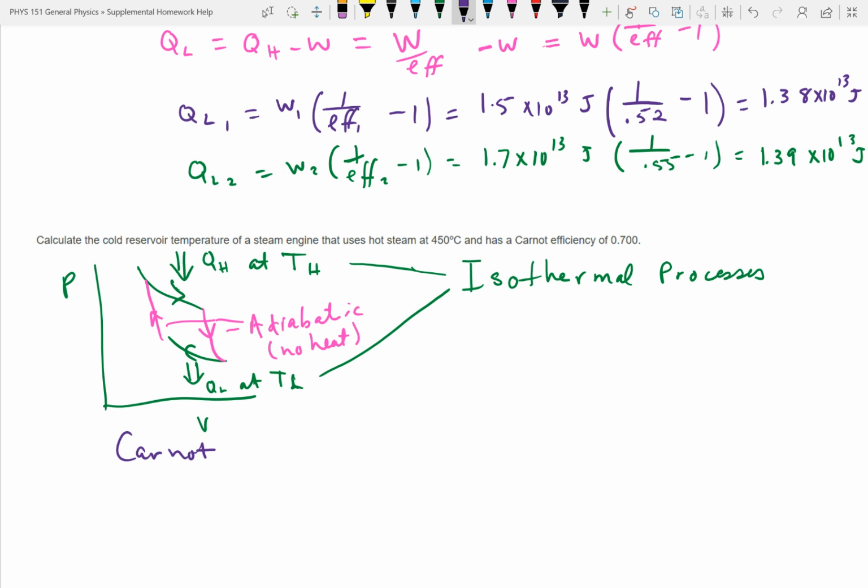And you can show that this Carnot cycle gives you the optimal efficiency. And the efficiency for the Carnot engine is equal to temperature hot minus temperature cold, all over temperature hot.